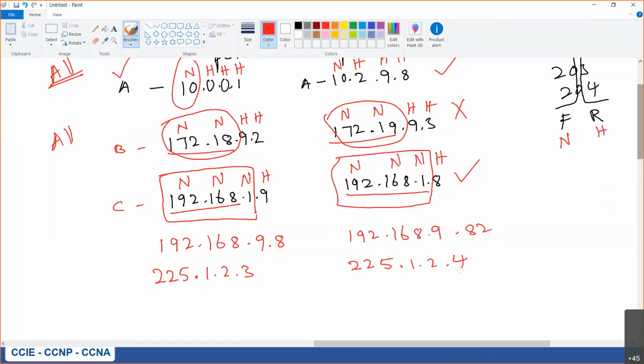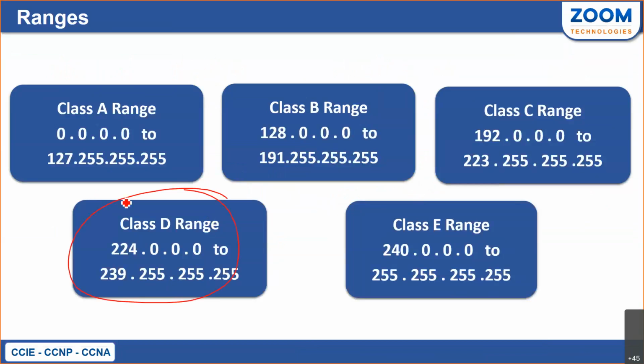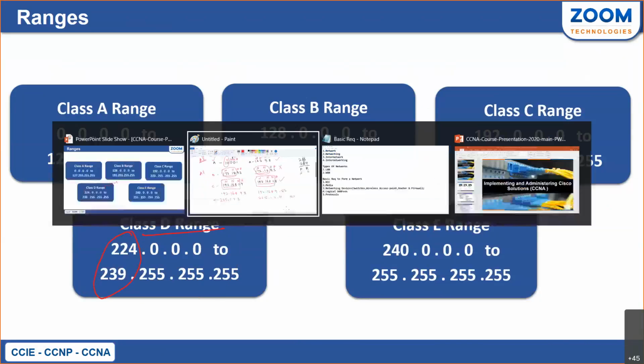The answer is no. These IPs, 224 to 239, are class D, reserved for multicast, right? So we cannot use these addresses for computers.